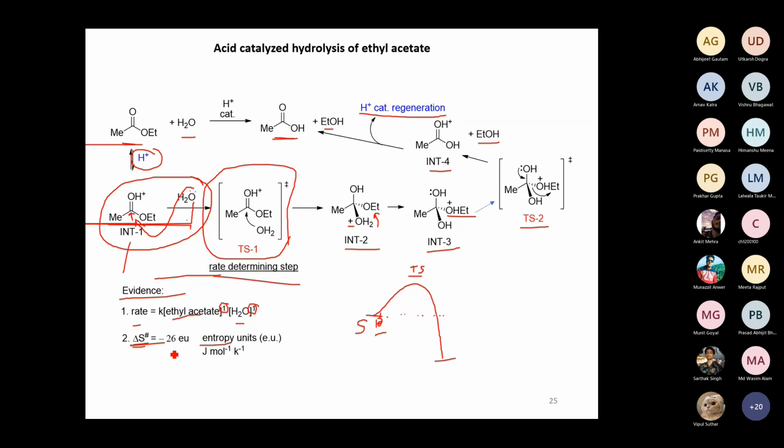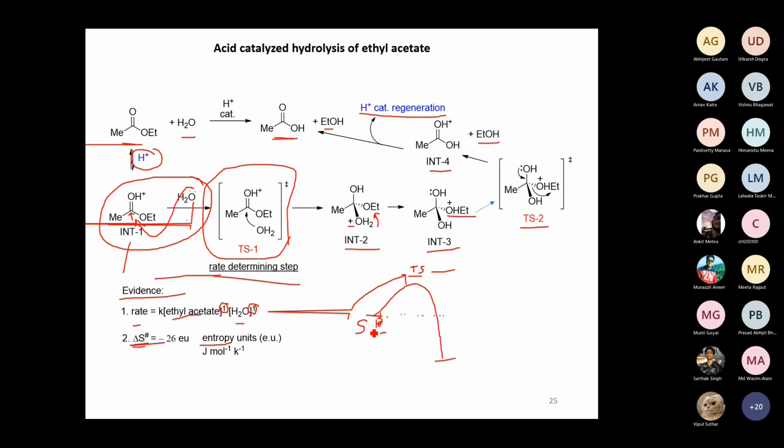If you find del S of activation is negative, that means when the starting material is converted to the transition state, its entropy is decreasing. Entropy is the randomness, the orderness or randomness. So if the entropy of the transition state is lesser compared to the starting material, that means the transition state is getting restricted.